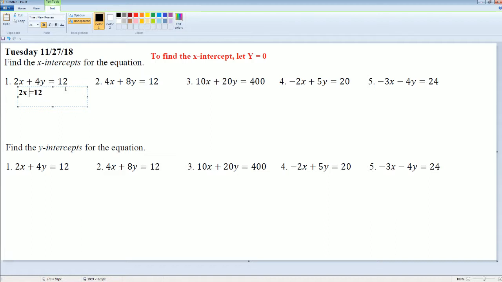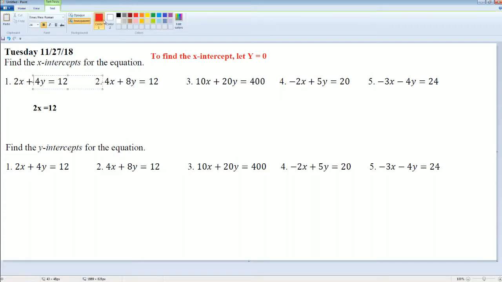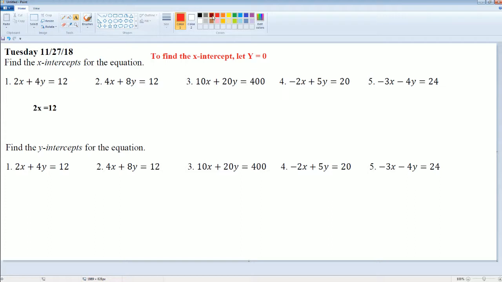Alright? So, let me show you that again. Because you plug in 0, this disappears. So, you can cover it here. Alright, because the y is equal to 0. So 2x equals 12.